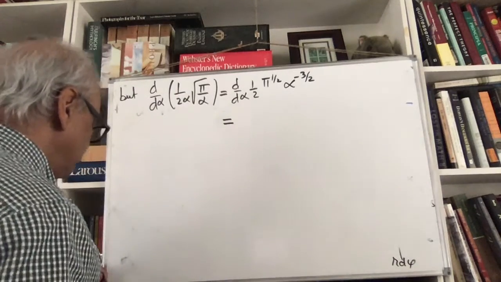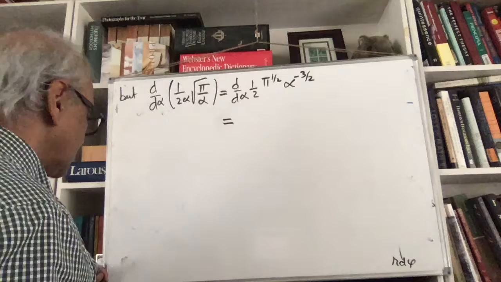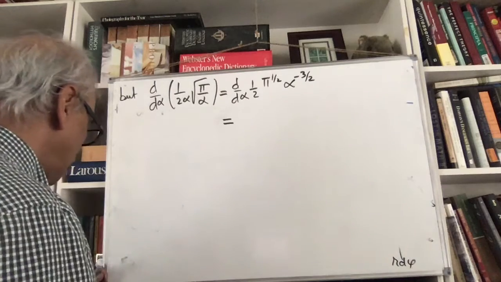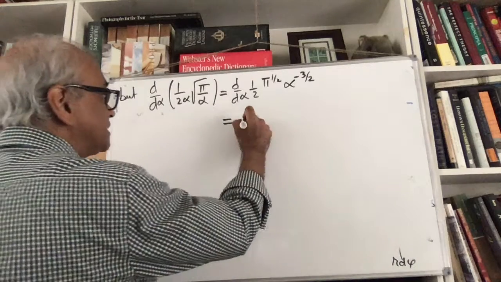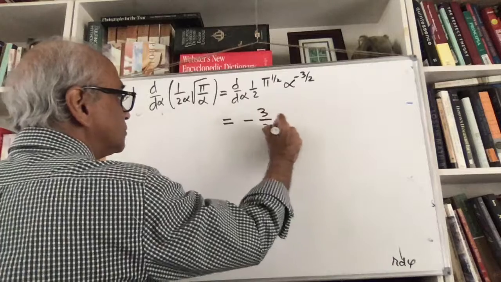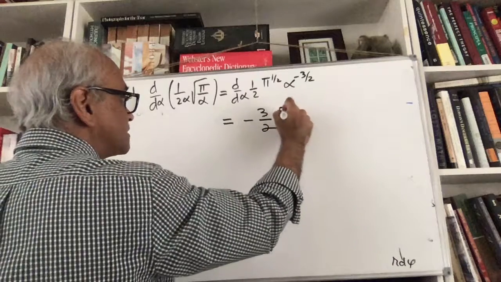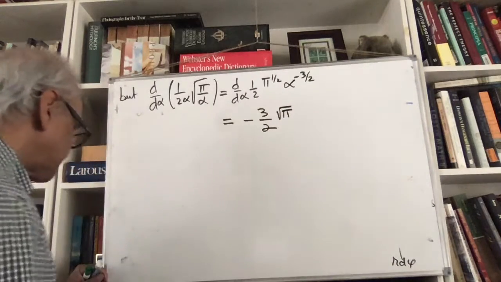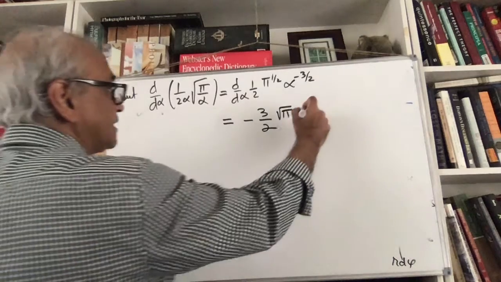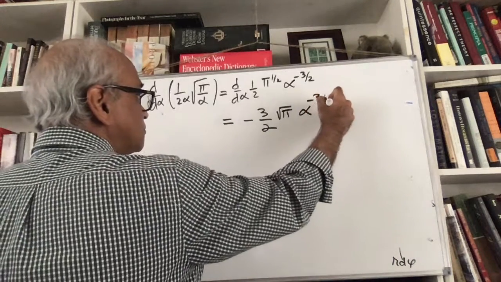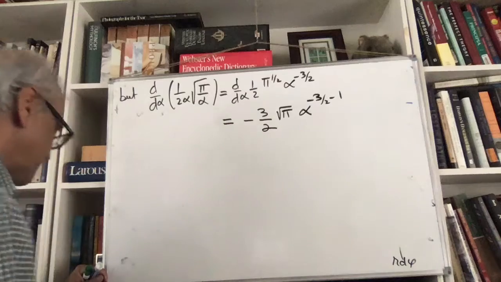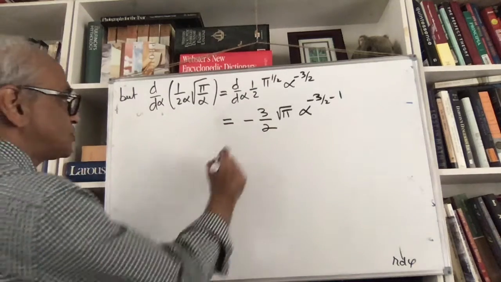What do we have here? Well, you have minus 3 over 2. So when we take that, this is root pi, which is okay. All right. And then alpha to the minus 3 over 2 minus 1. Okay. What do I have?